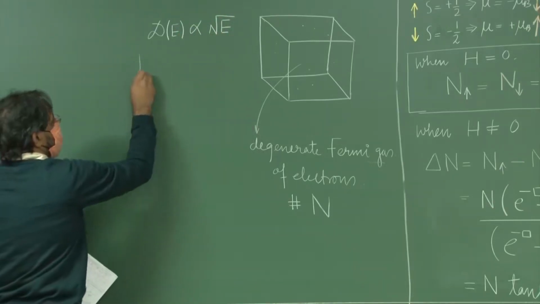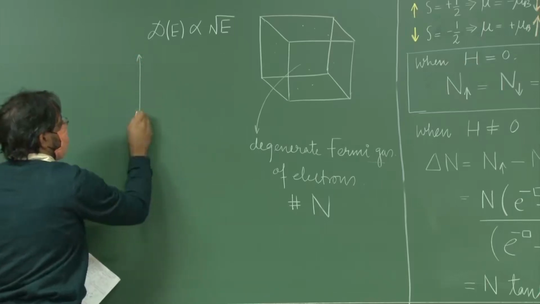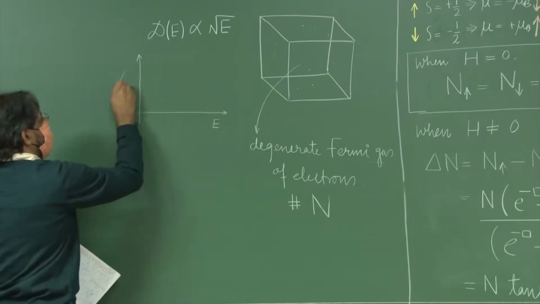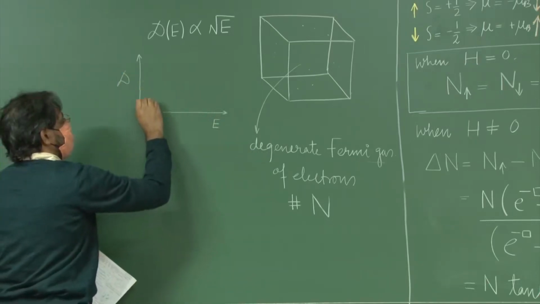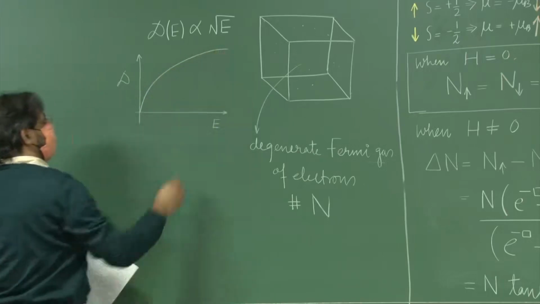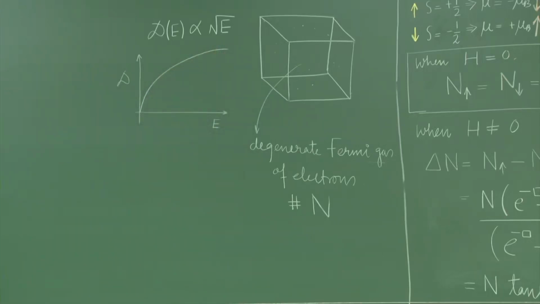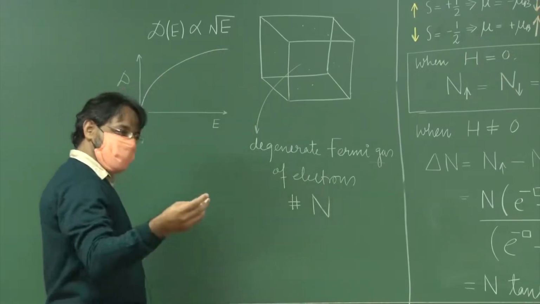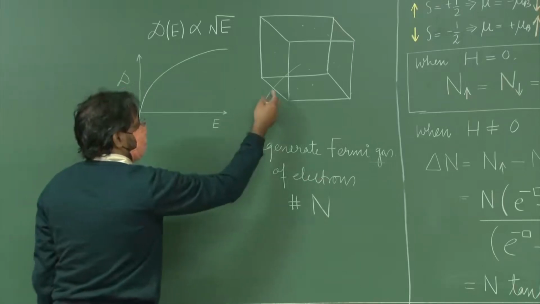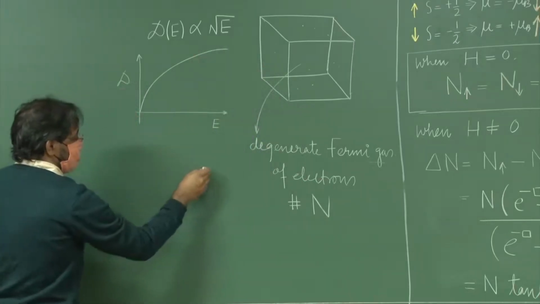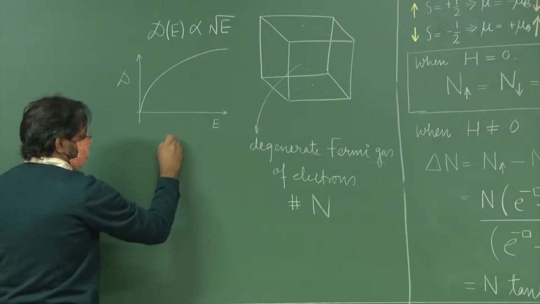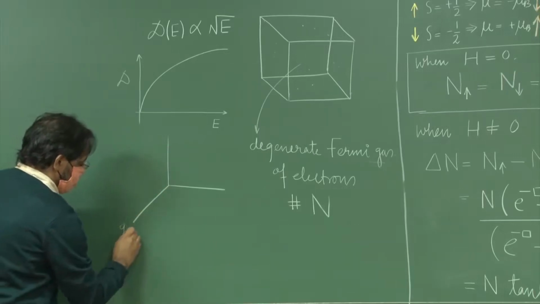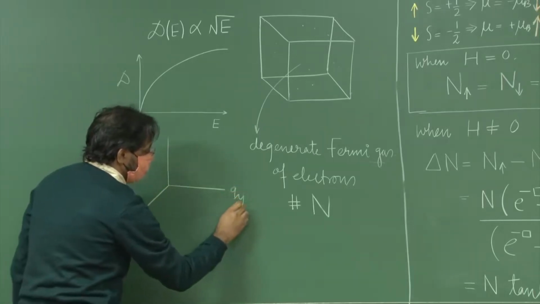If you plot D(E) versus E, it looks like this. Density of states, what does that mean? It makes sense only in the reciprocal space, the wave vector space, where you have qx, qy, and qz.